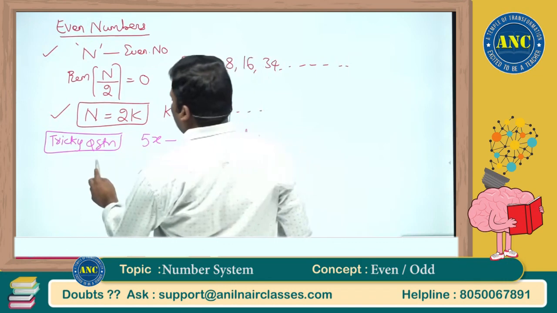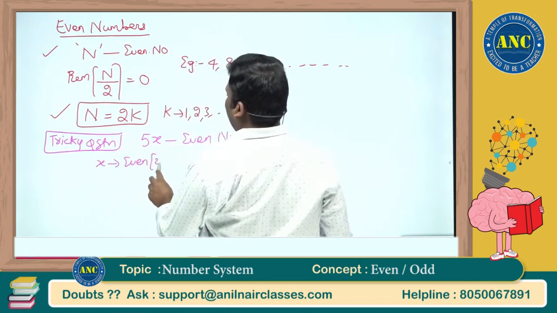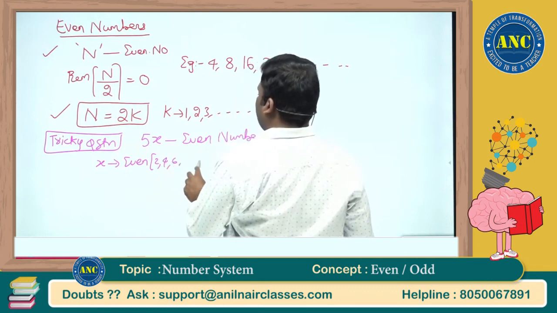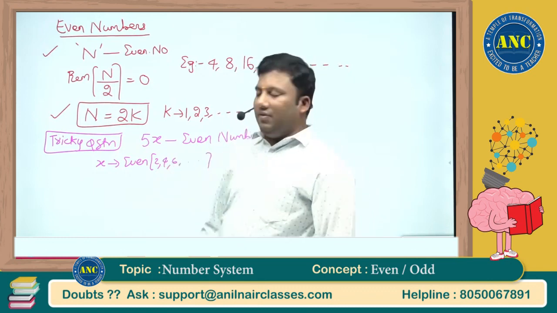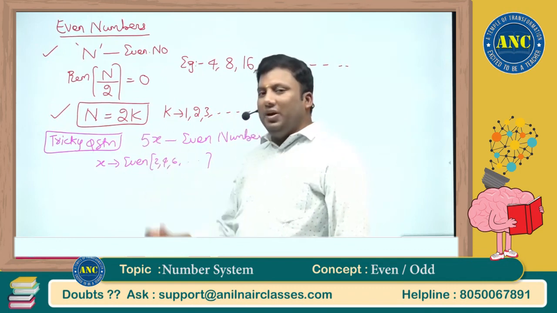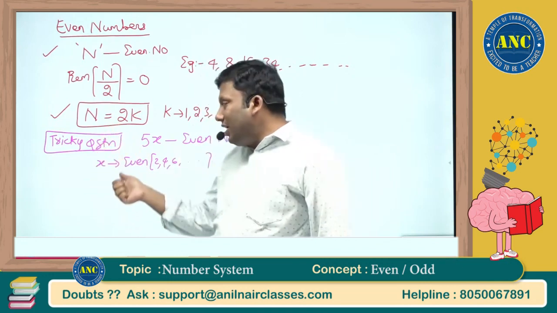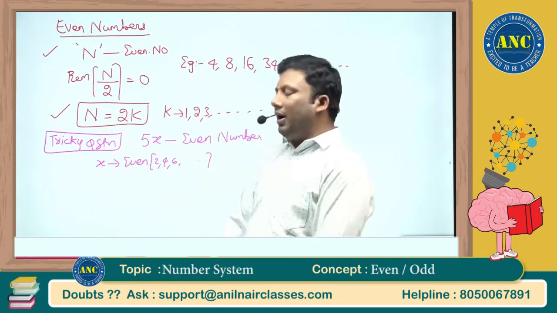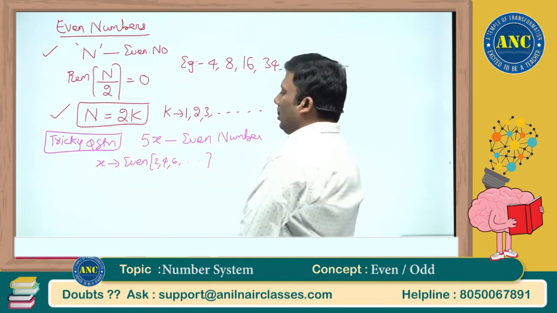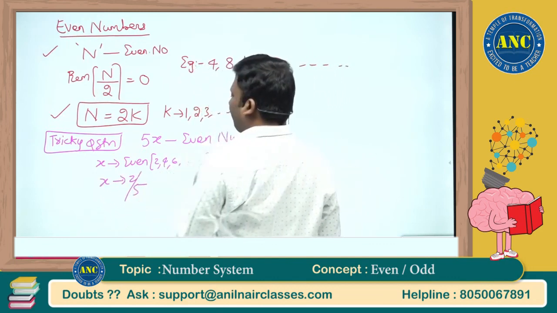Immediately students will say, sir, x has to be even. It can be 2, 4, 6 and so on. 5 into 2, 5 into 4, 5 into 6. This is where your half knowledge will come into the picture and you will immediately end up tick marking x as an even number. Now please tell me, why can't x be 2 by 5?